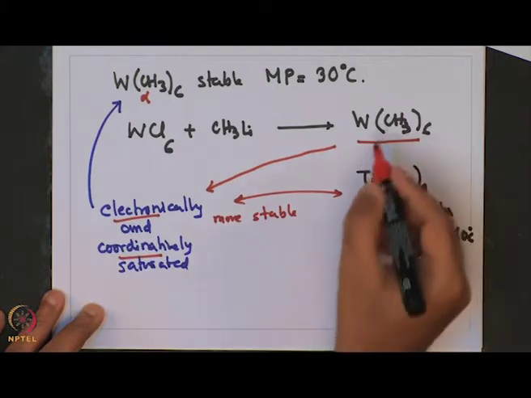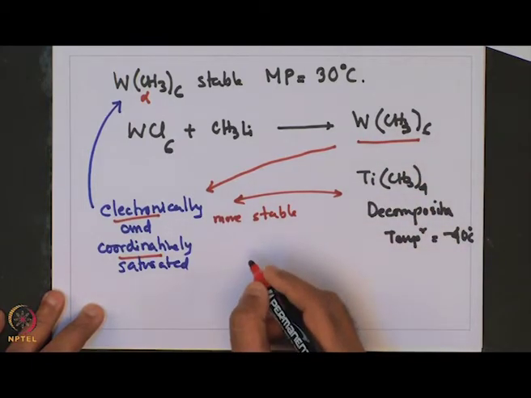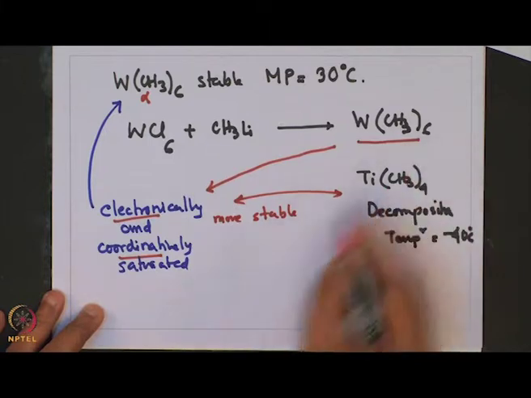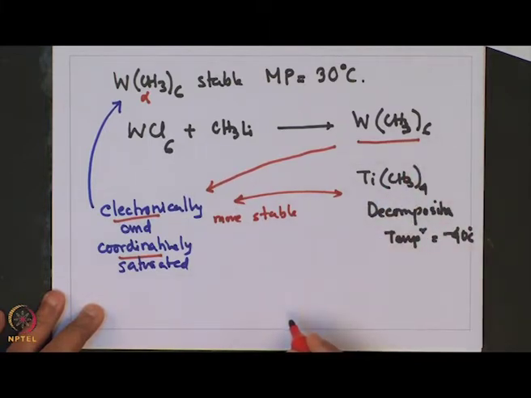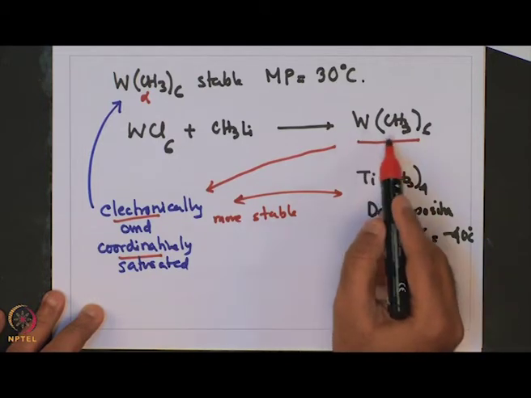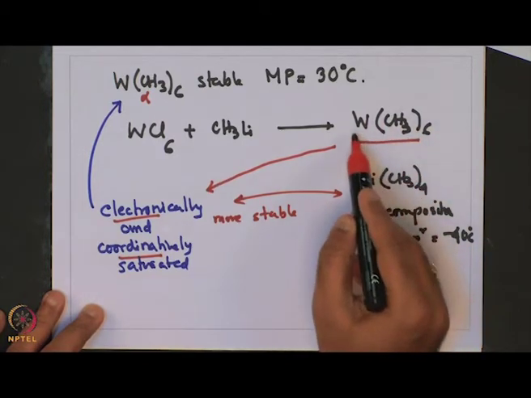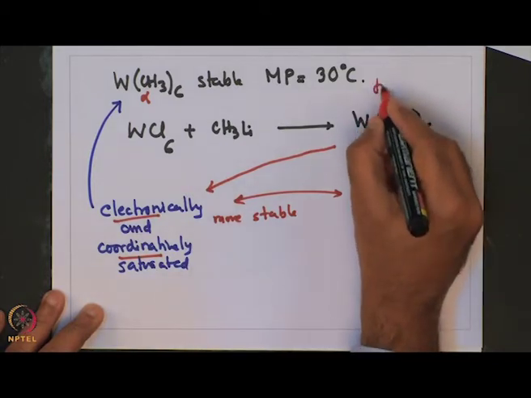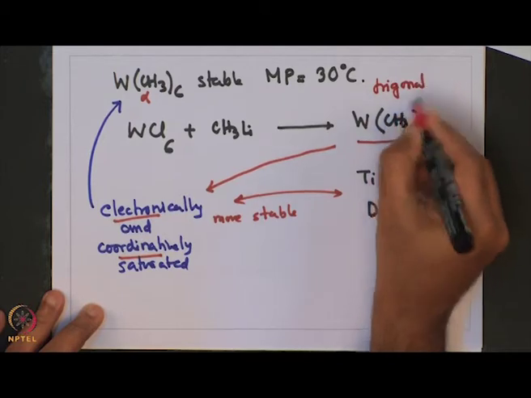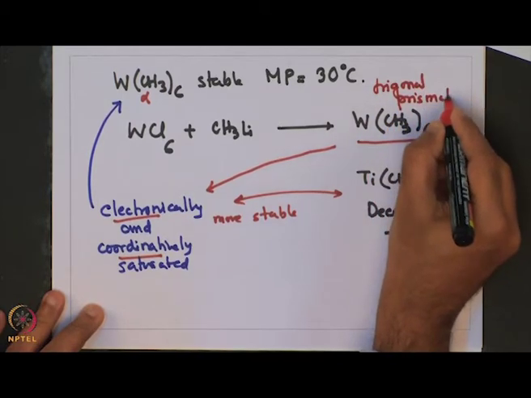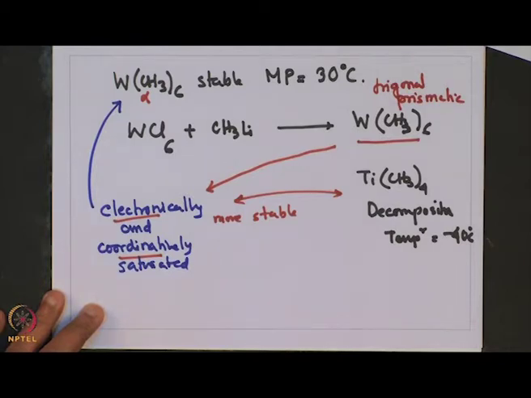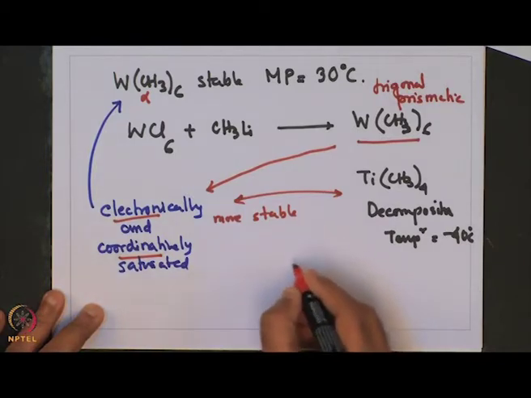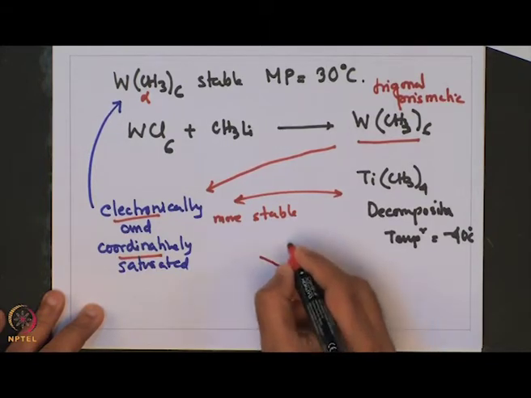It also exhibits a unique kind of coordination geometry. For example, the most common coordination geometry for a metal complex having coordination number 6 is octahedral, whereas tungsten hexamethyl shows trigonal prismatic geometry, which is very different, and the structure of it can be shown over here.